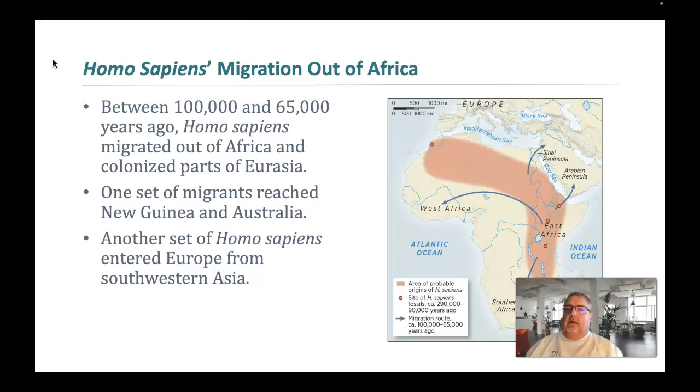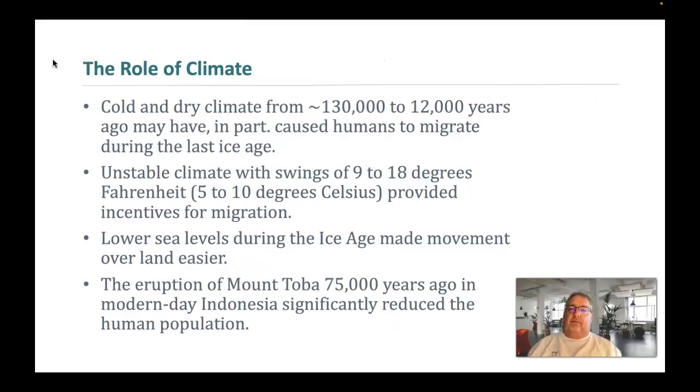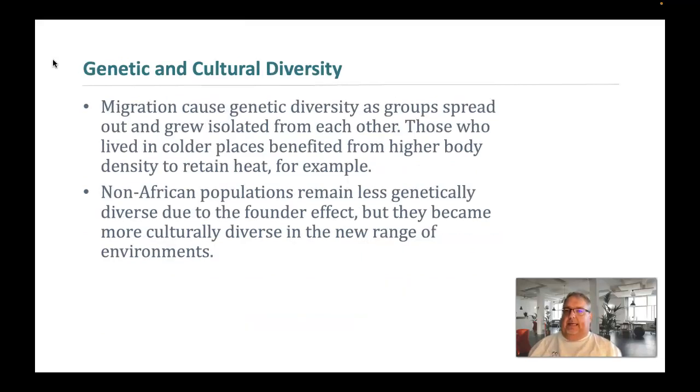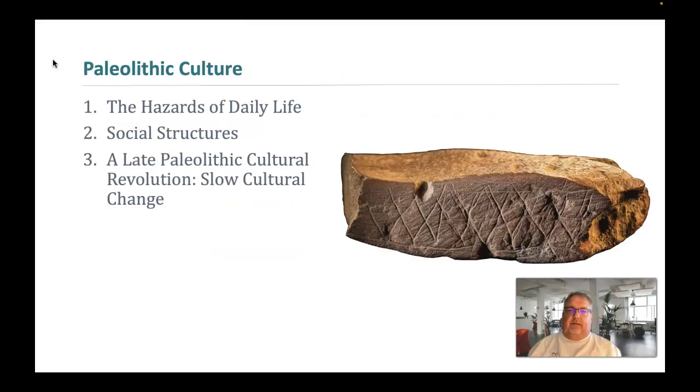And so you will read about, study about those migrations, the role that climate played in that, especially the Ice Age, because it lowered sea levels, made places accessible that today are not accessible because you have higher sea levels, okay?